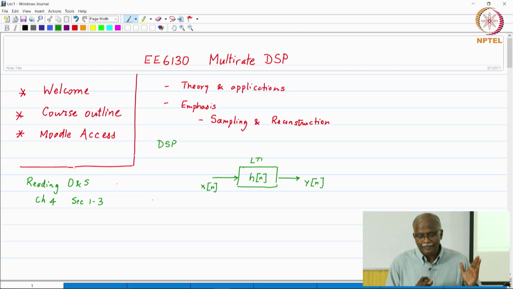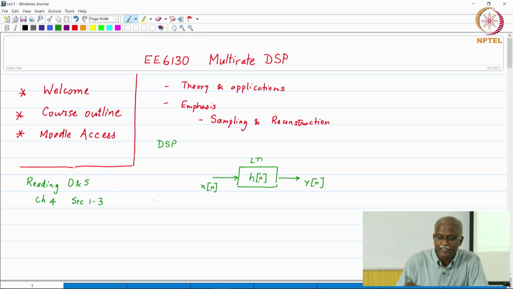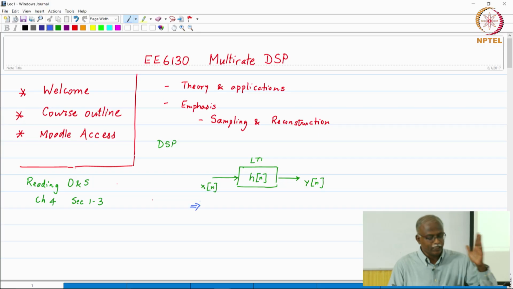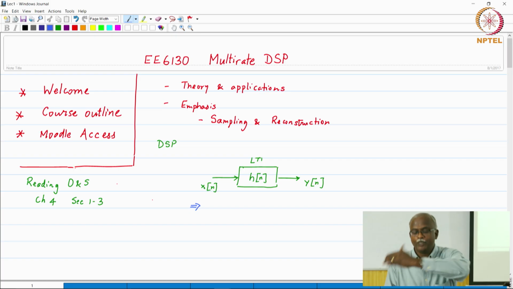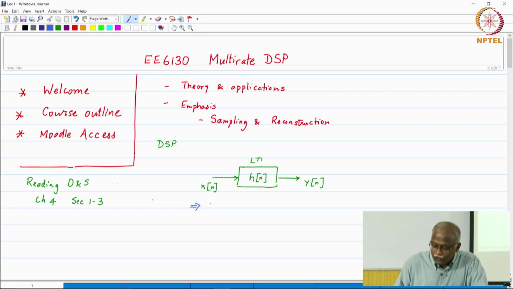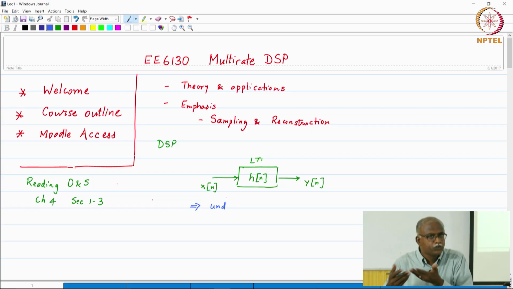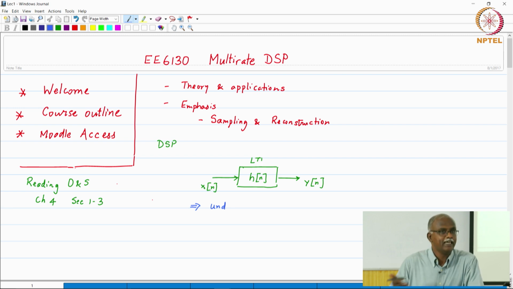Notice that the time index is the same for input and output, which means that the underlying sampling rate is the same. In essence, there is a constant sampling rate that is assumed for the representation of the input signal, the impulse response, and the output. Though we don't really associate a sampling rate, there is a sampling rate behind these discrete time signals, and it is the same.